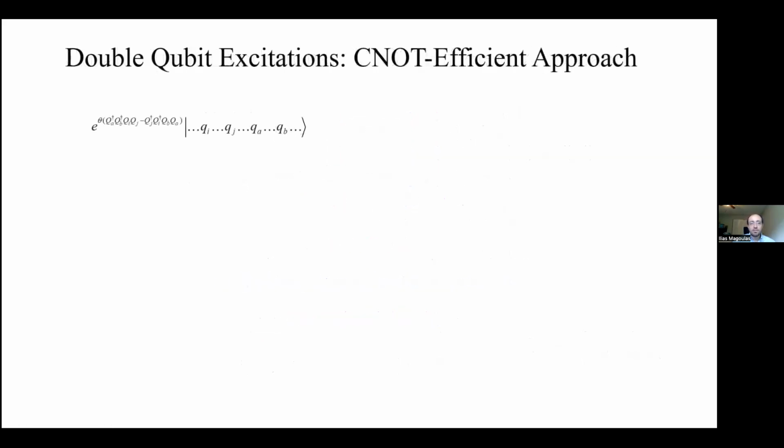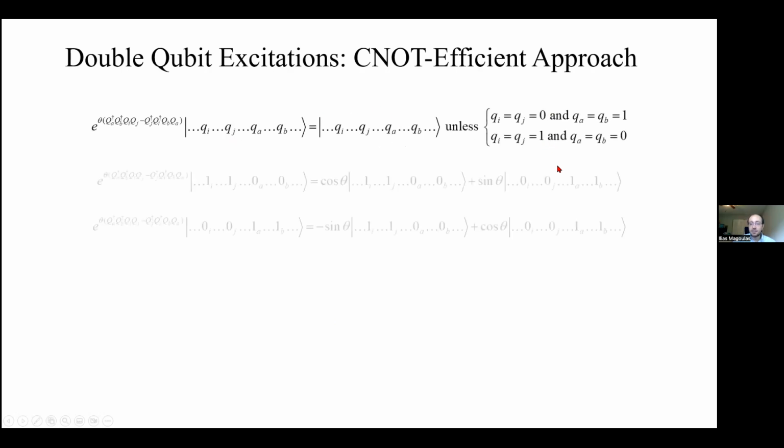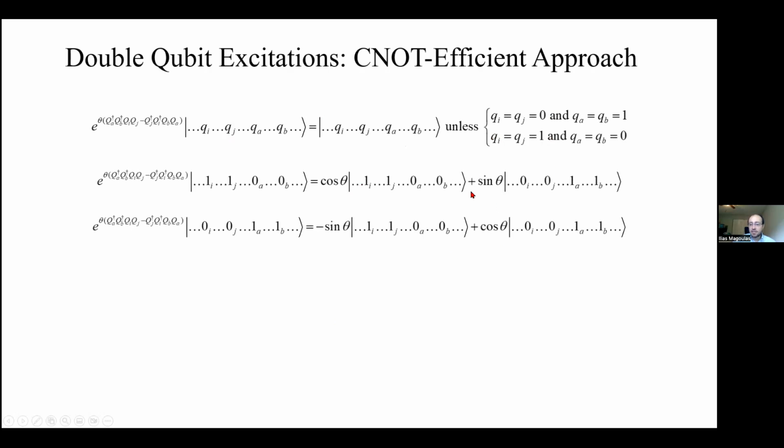And we can perform the same analysis for a double qubit excitation. So in this case, we have this unitary acting on this generic basis state. Again, we will end up with the same state unless one of these two conditions is satisfied. And we see that we have a similar structure.